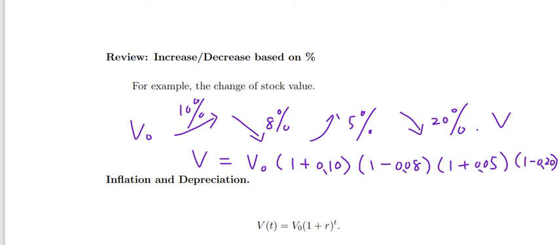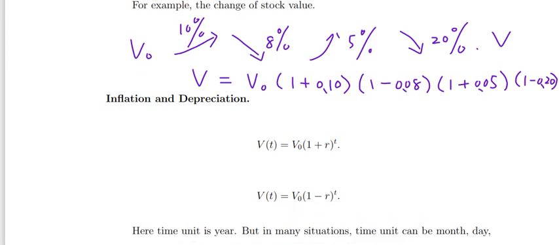If the rate is the same, like always increasing with the same rate, or decreasing with the same rate, we call those things inflation and depreciation. Inflation goes up, depreciation goes down.